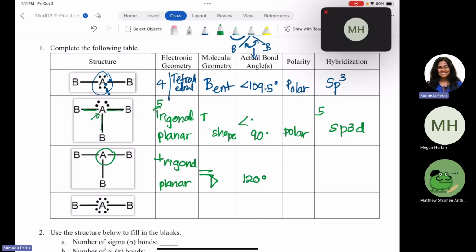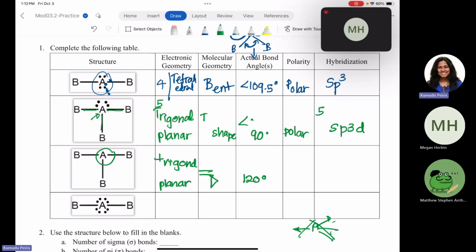This will not be a polar molecule. The reason is when I draw something like this, here we have the forces like this. So the total force would be over here, but that will be cancelled by the one on the other side.